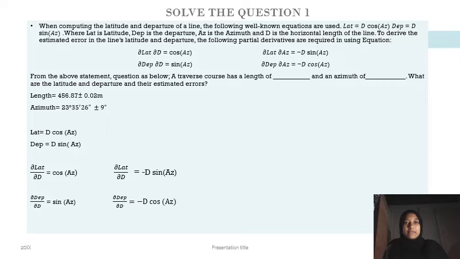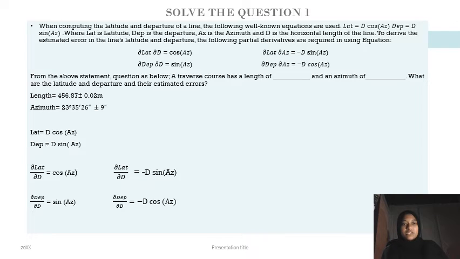From the above statement, the question is as below. A traverse course has a length and an azimuth. What are the latitude and departure and their estimated errors? Okay, we get the length equal to 456.87 plus minus 0.02 meter.